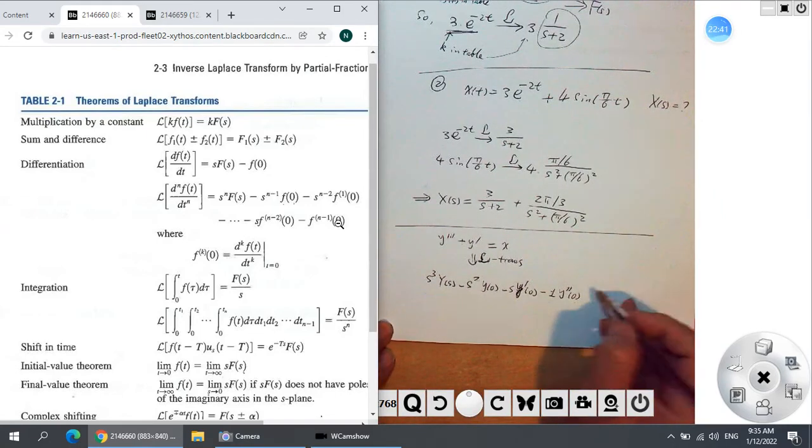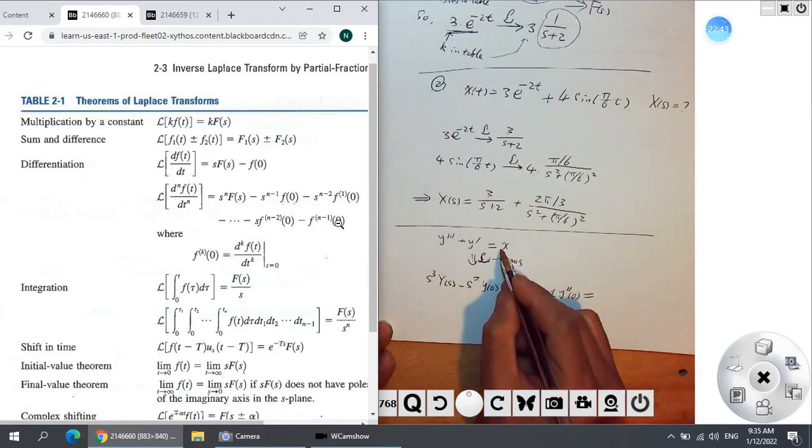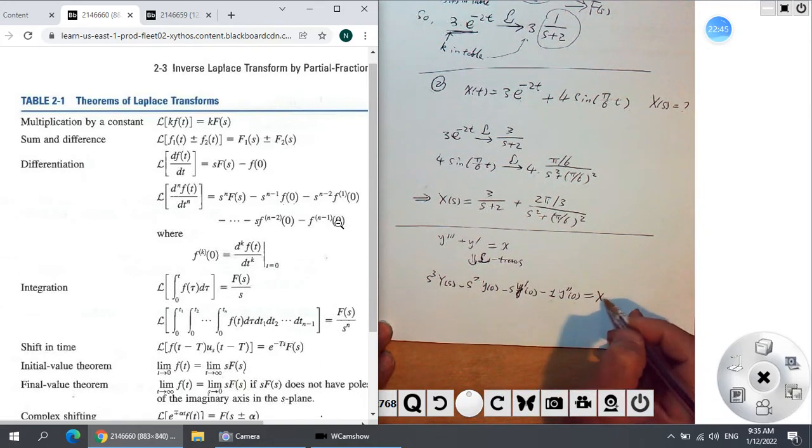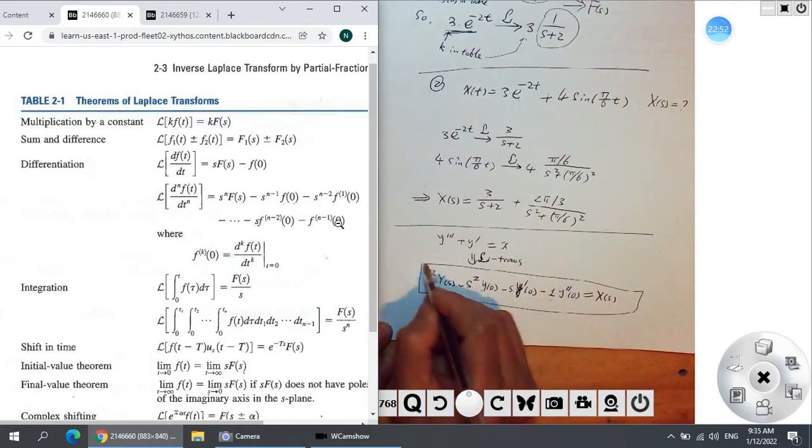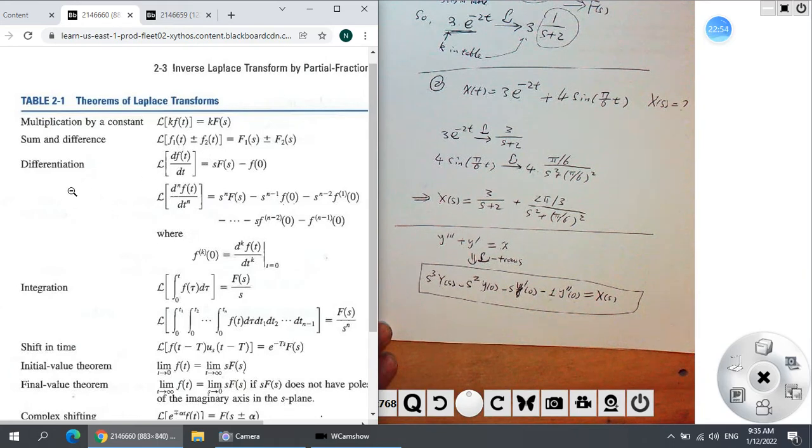Okay, then equal to, this side is x. X by Laplace transform is capital X of s. So we can have this one. Right. So we will apply these differentiation formulas when we try to solve a system, solve an equation.